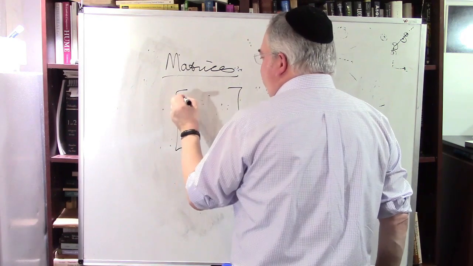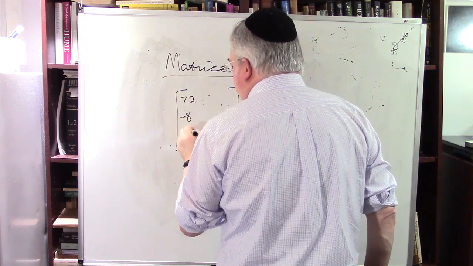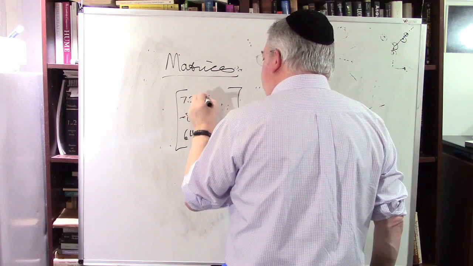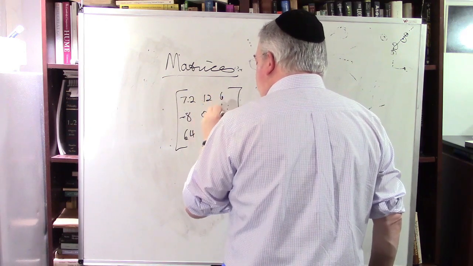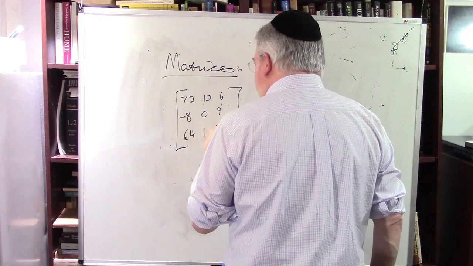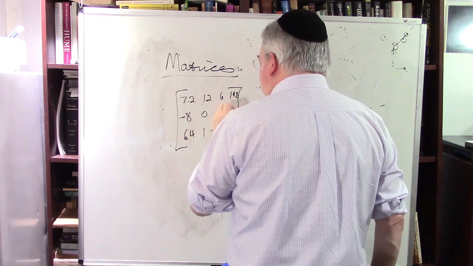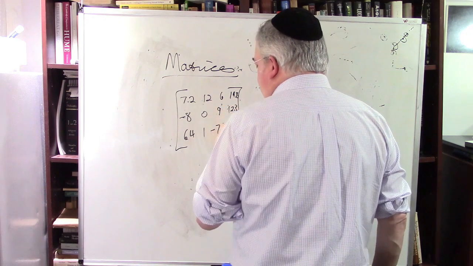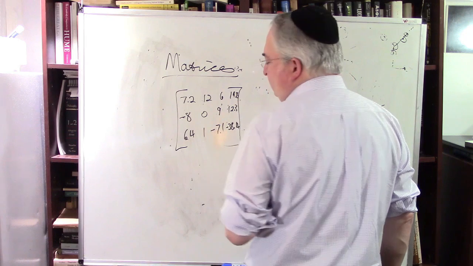It's things with a bunch of numbers: 7.2, minus 8, 6.4, 12, 0, 1, 6, 9, minus 7.1, 14.8, 12.3, and minus 38.4.